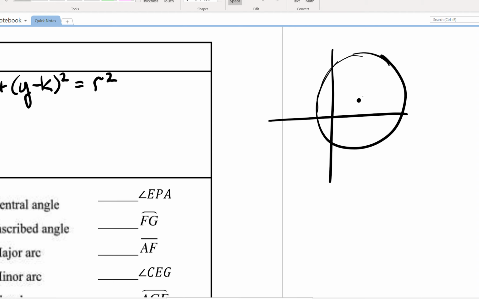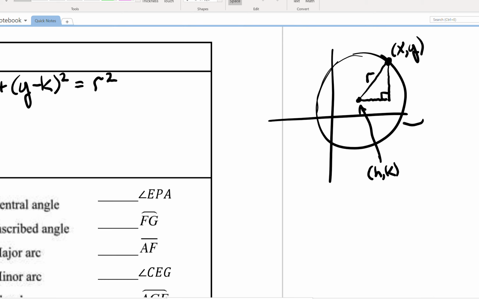If I wanted to look at this point, we call the center of that circle (h, k), and we'll call some random point on the circle (x, y). And so I could look at this little right triangle that we form here, and this would be the radius.